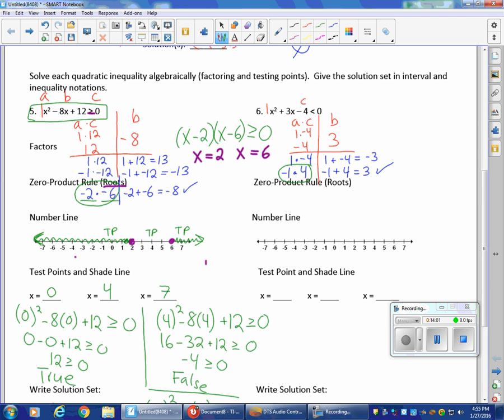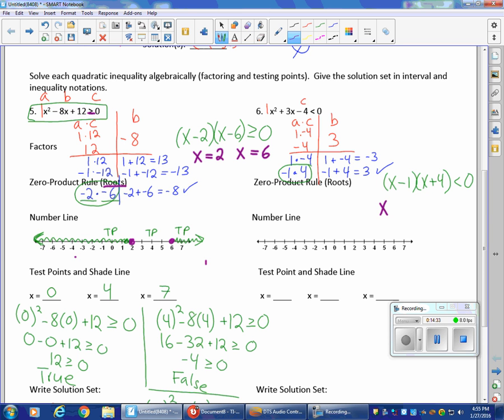So we have x minus 1 times x plus 4. And this is less than 0. Like we did before, in order to get our roots, like we did over here on the other side, so x minus 2 times x minus 6, and then we change their signs.